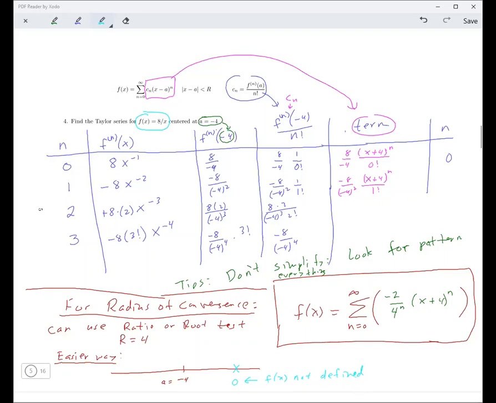That gives you trouble. It's not continuous, or that point gives you trouble.